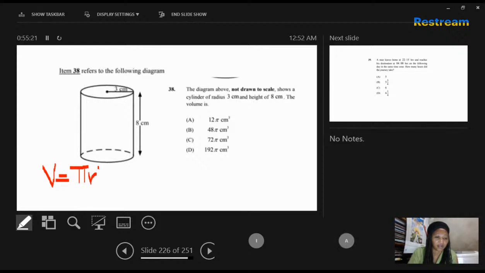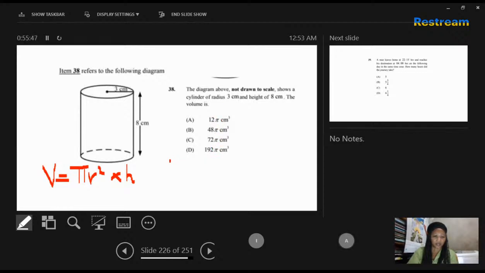So the area of the base, which is pi r squared, times the height. So the radius is 3, right? And they have pi left in the answer.